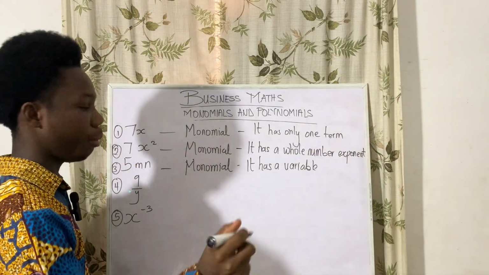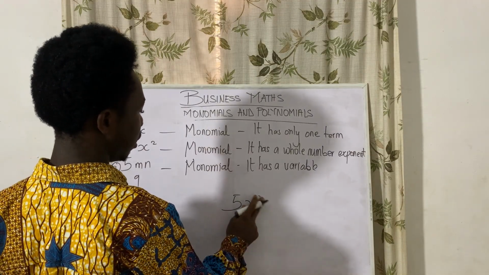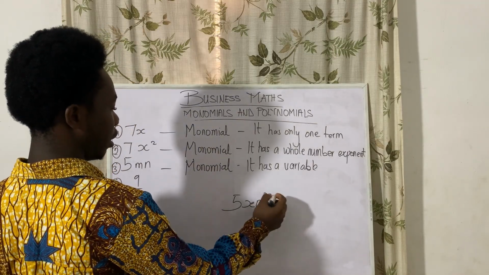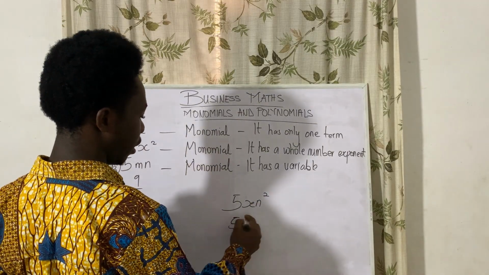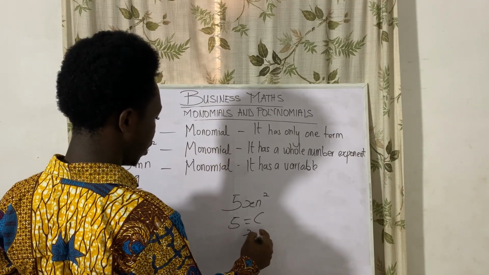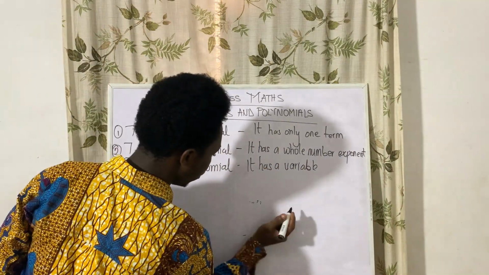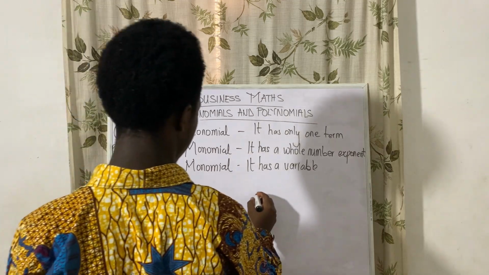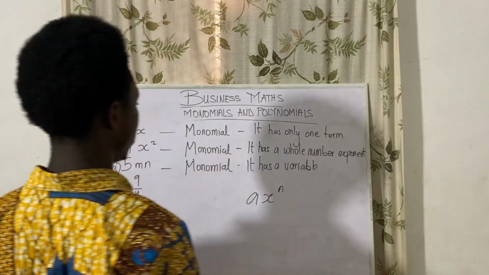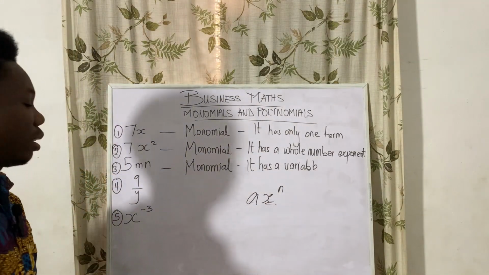Note that in our previous example, ax raised to the power n, we said a is the coefficient and x is the variable.